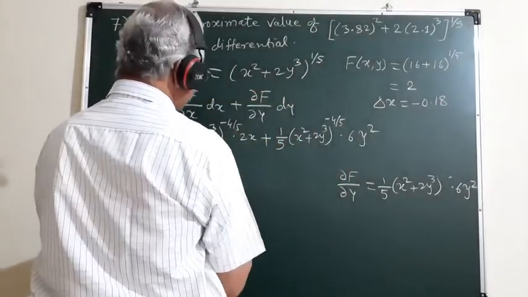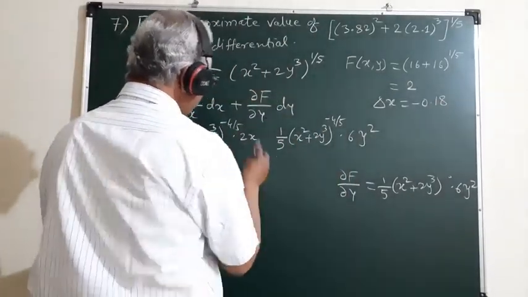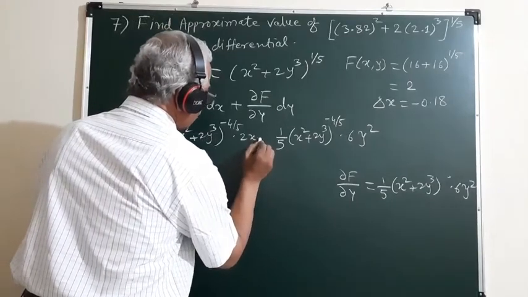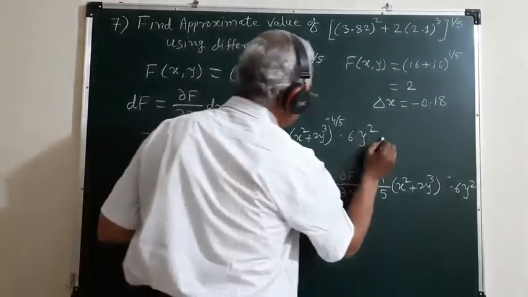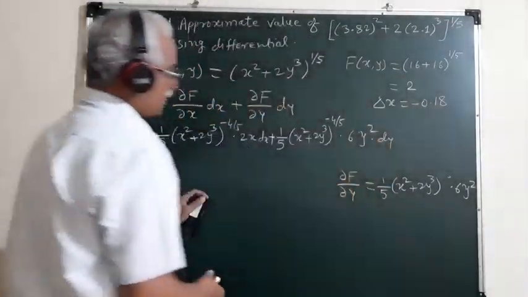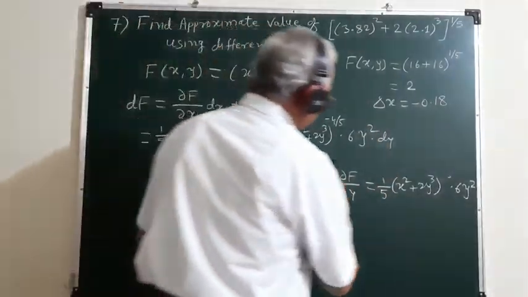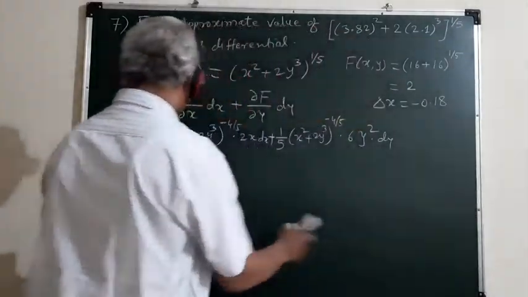Dx and dy will be there, here there will be dx, 2x dx plus and dy there.